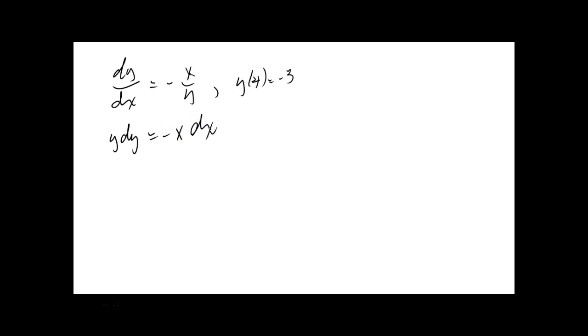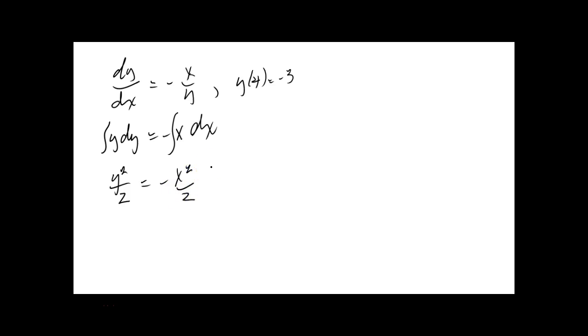I hope you see that, okay? Take it as many steps as you need, but if you do, you'll see that's what it comes out, okay? Integrate both sides of this, and this gives you y squared over 2 is equal to minus x squared over 2.